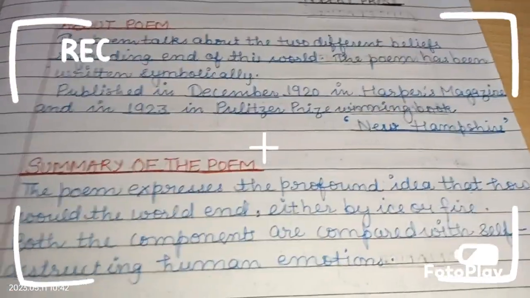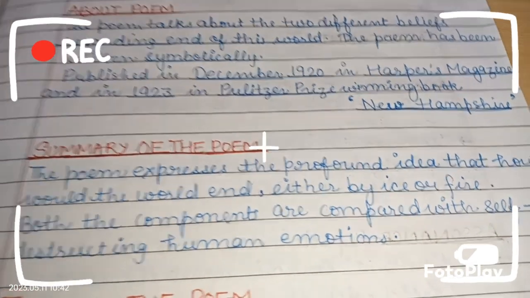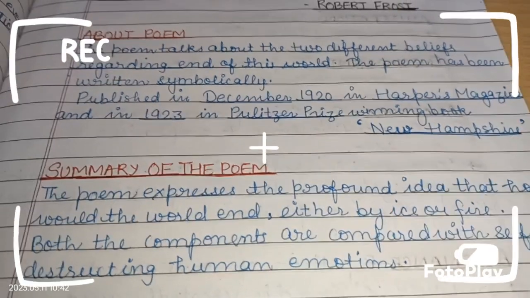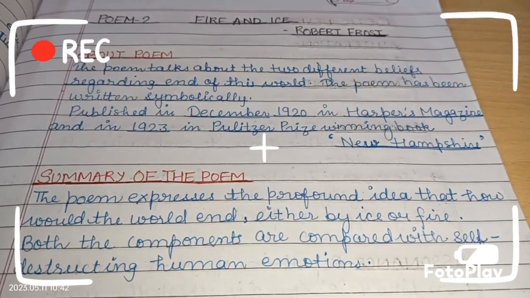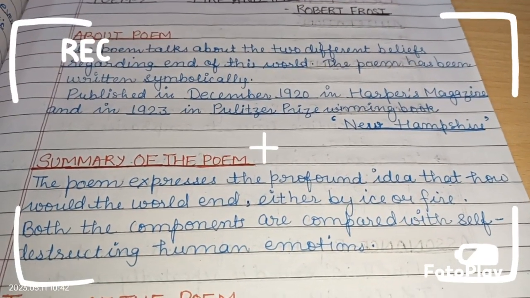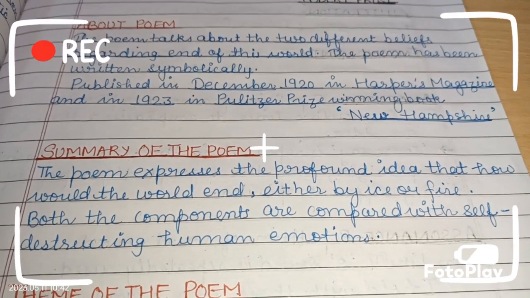Summary of the poem. The poem is based upon the two different ideologies about how the world would get to its end. Now, why is the poet talking about the ending of the world? Because of human behavior, because of human traits, because of human, I would say, new developing habits.